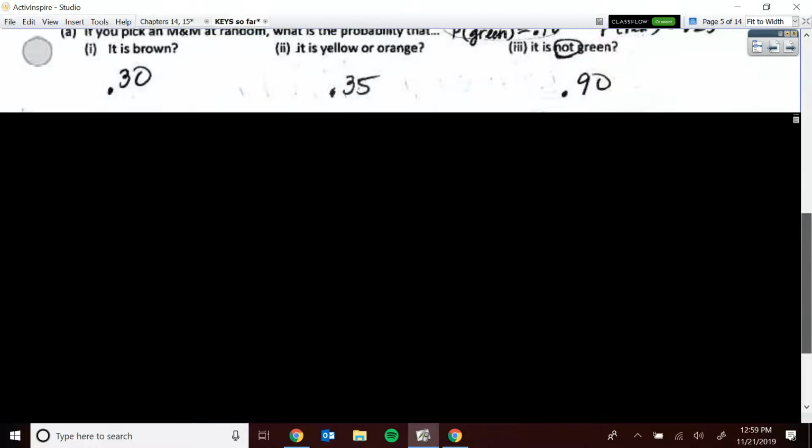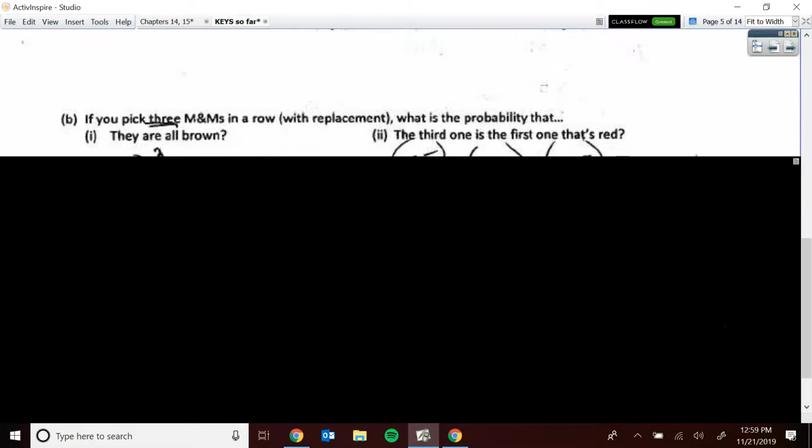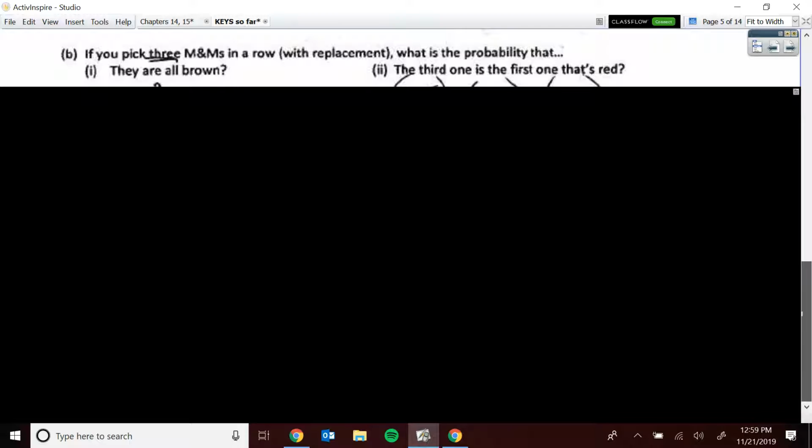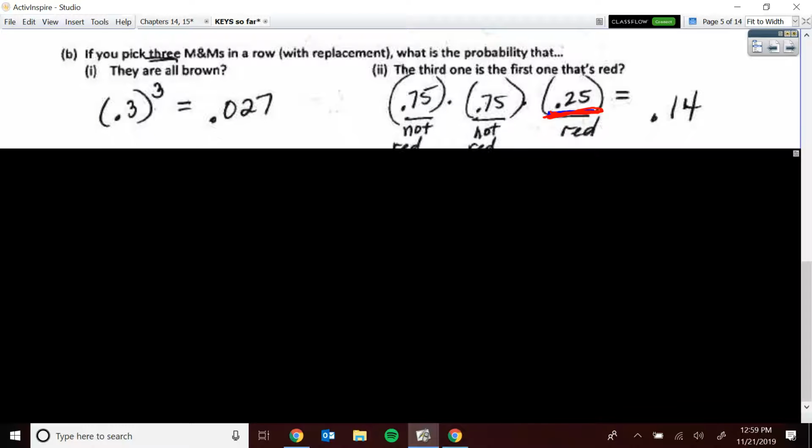Let's now look at the next section, which has you picking 3 M&Ms. So you have 3 events happening, and all being brown is 0.3 to the third, not 0.4 to the third. If you had done that differently, it's 0.3 to the third.